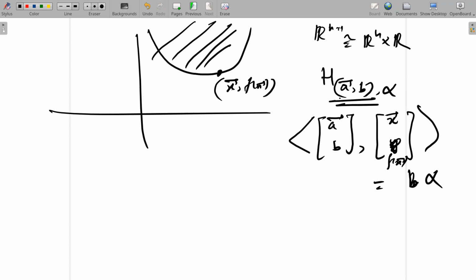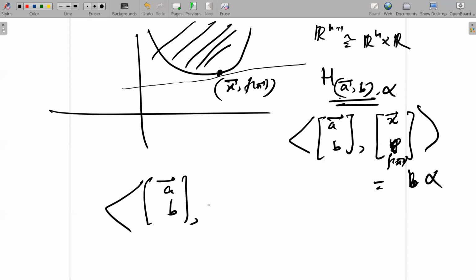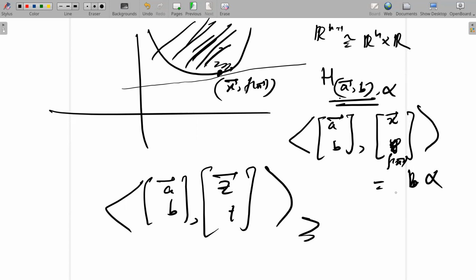So (a, b) dot (x, f(x)) is equal to alpha for whatever offset we have. Now, whatever is in the epigraph, I can assume that it is on one side of this hyperplane. So when I evaluate (a, b) dot (z, t), where (z, t) belongs to the epigraph, this must dominate the offset. That is exactly what it means to be one of the half spaces.